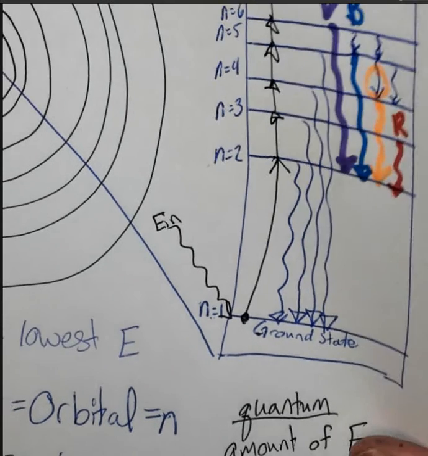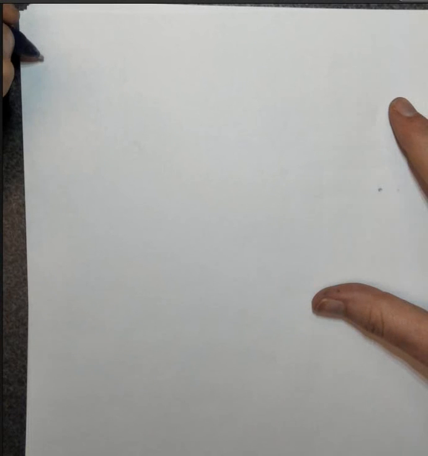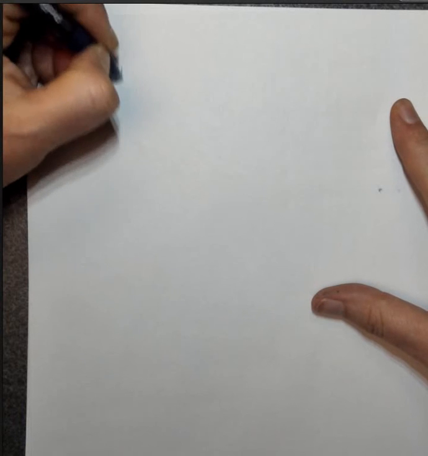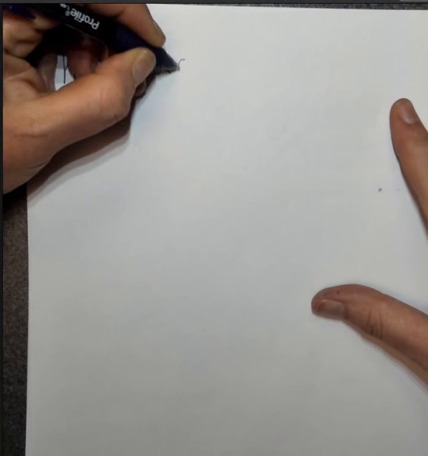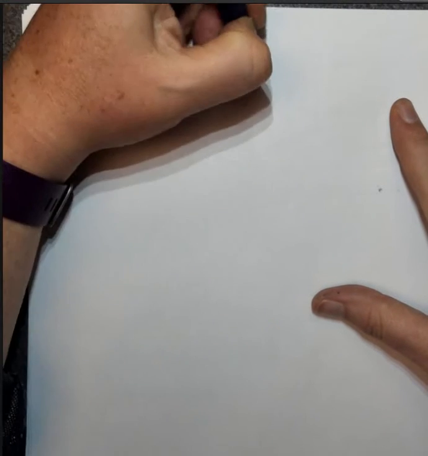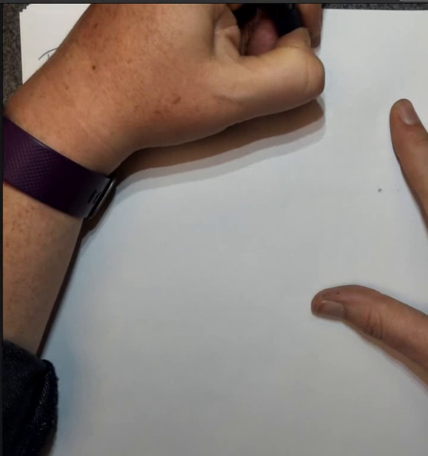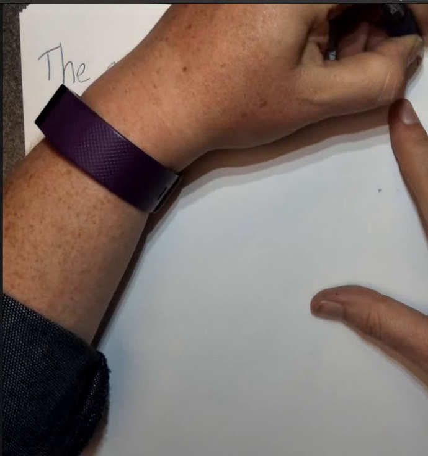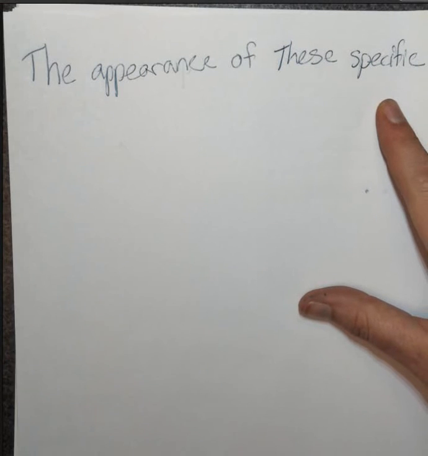So we can come up with a general statement that explains what Bohr's experiment with the hydrogen atom tells us about electrons. And that statement is the appearance of these specific, right?